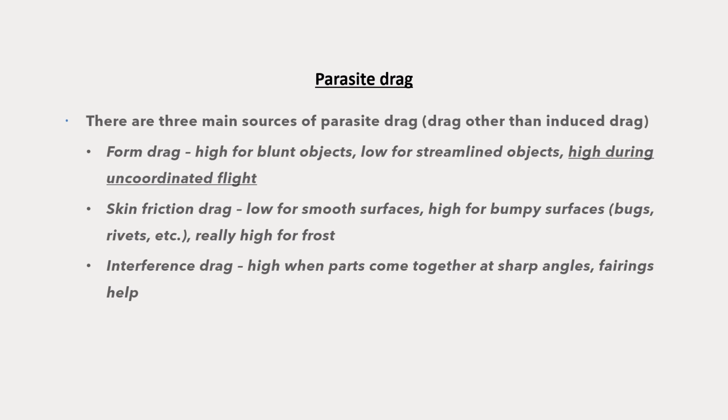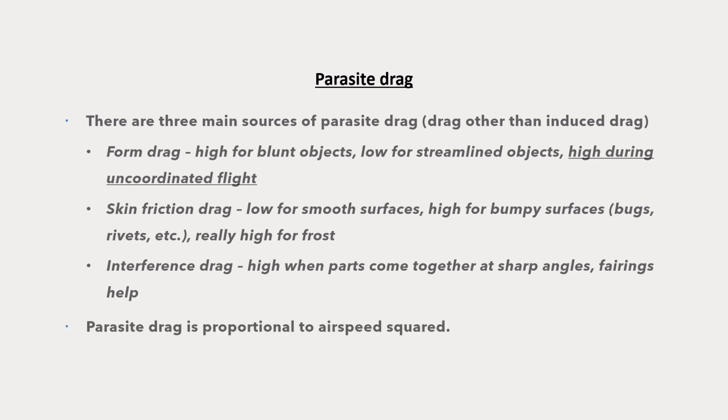That can be made better by having a fairing that makes the smooth interchange between those two surfaces. That's extra effort for the designer, but it's worth it for very high performance.